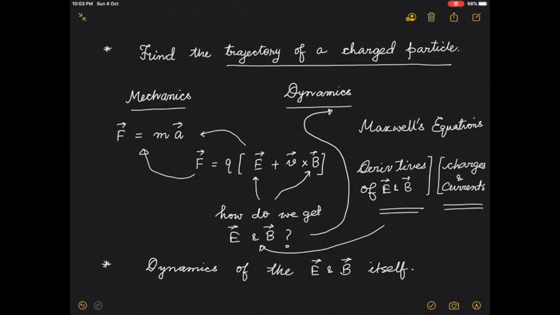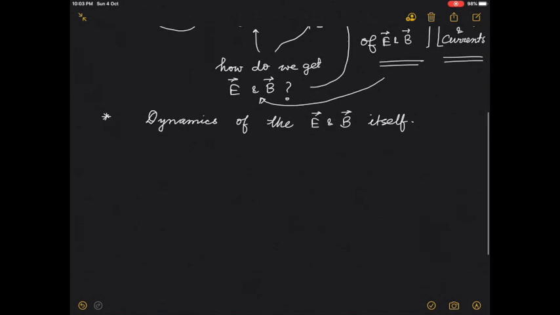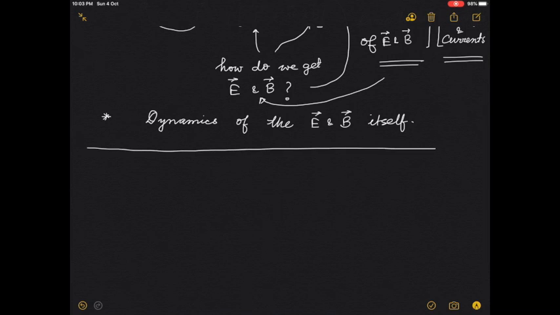Let us now look at the Maxwell's equations once and discuss a little bit about them. Discuss what they can do, what they cannot do, what they are not, everything. So let me write the Maxwell's equations here more carefully.